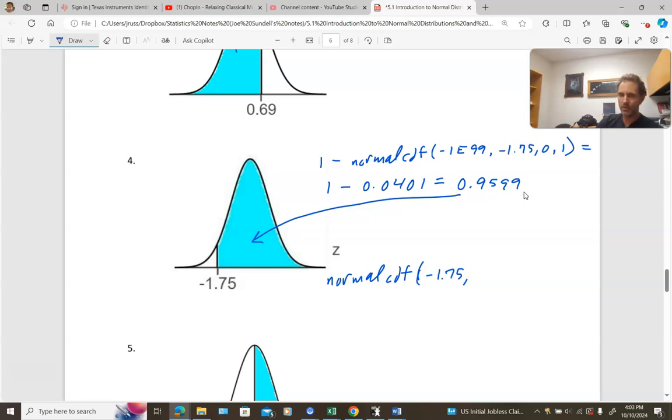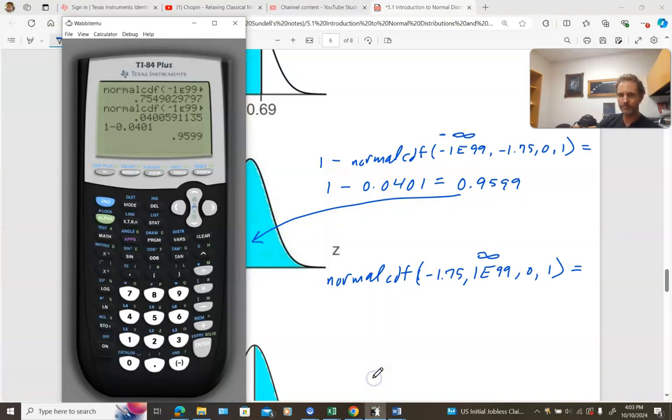So instead of putting a negative 1e to the 99, you could put a positive 1e to the 99. Okay, this would be like positive infinity, and this one up here would be like negative infinity. And then of course these other parameters would just stay the same. And this will give it to you directly. That's a nice thing about these newer calculators.